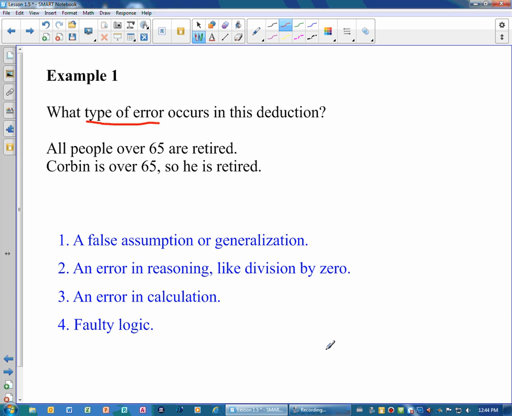All right, well, it's certainly not an error in reasoning like division by zero. There's no math in this question, so it's certainly not number two. And number three, it's not an error in calculation either, as we're not calculating anything. So it's either going to be a false assumption or generalization, or faulty logic. Now, remember what I said, be careful about generalizations or stereotypes. This first sentence says all people over 65 are retired.